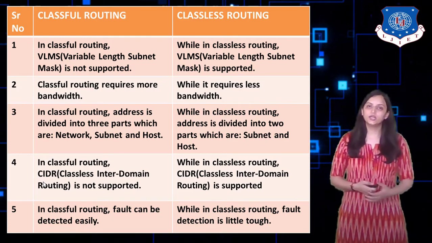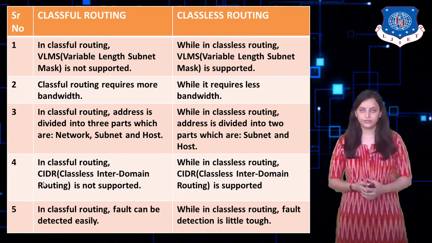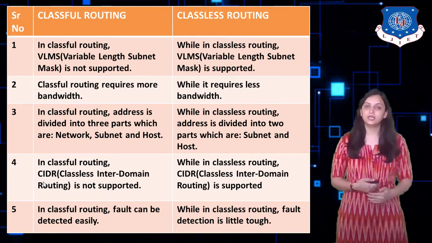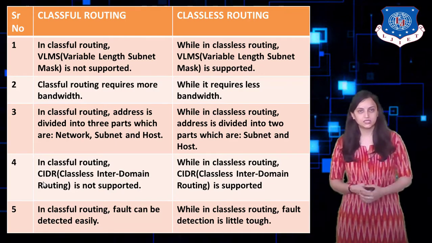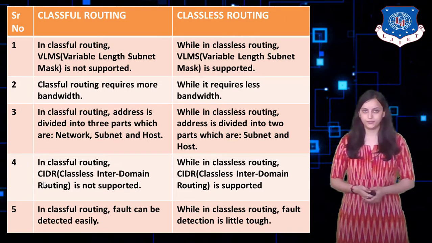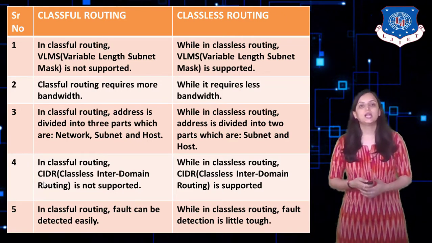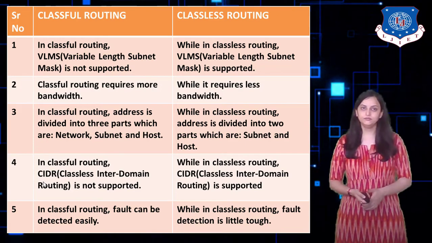On the contrary, in classless routing, VLSM is supported. That means variable length subnet mask is supported. That means the length of the subnet mask is variable according to the network topology in classless routing, whereas in classful routing, it is constant throughout the network topology.